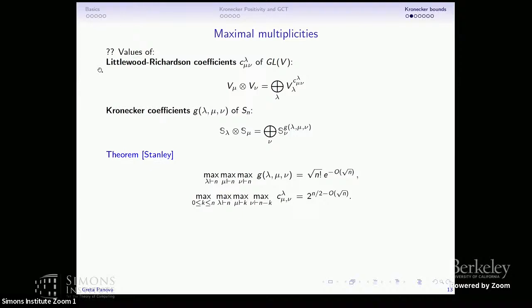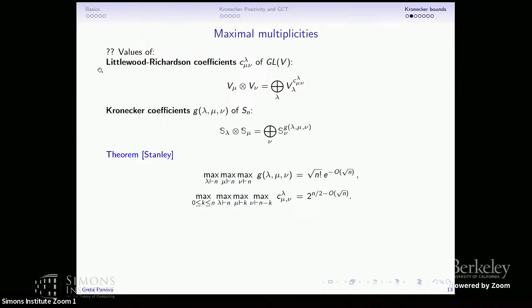And this is a theorem of Richard Stanley, that the maximal Kronecker coefficient, if we go over all possible triples of partitions, is on the order of square root of n factorial. And the maximal Littlewood-Richardson coefficient is exponential in n.